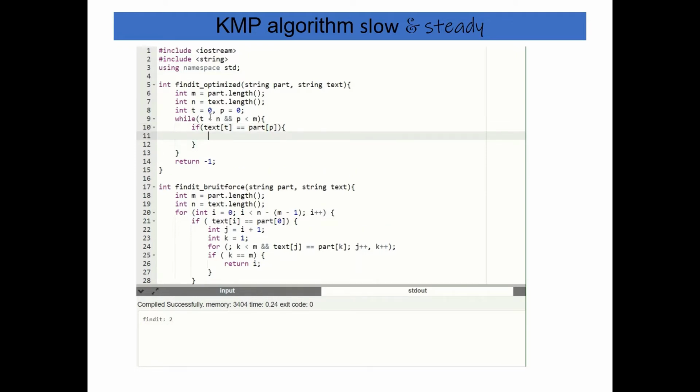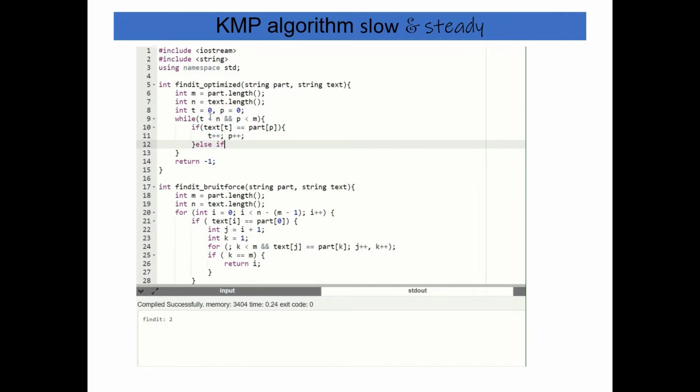If it is so, we have a running match that is going on. So all we do is step the indexes. So t goes up by 1 and p goes up by 1.